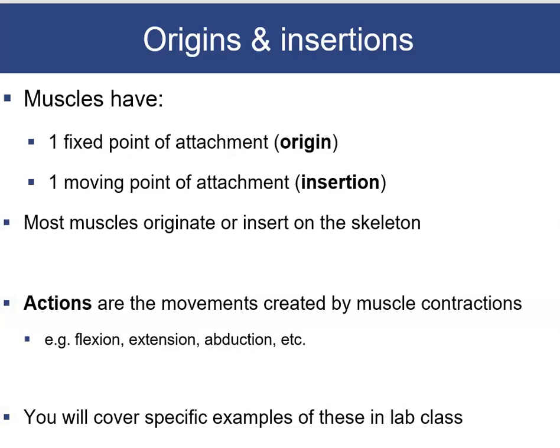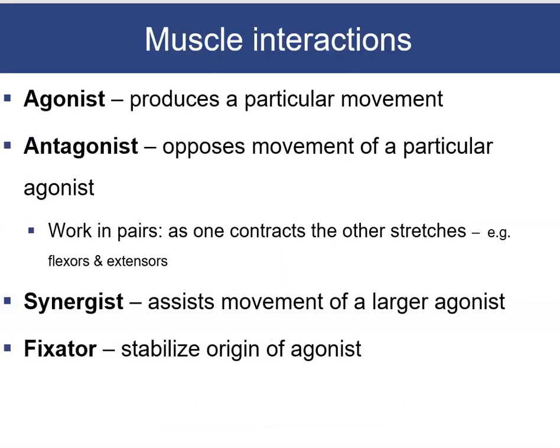It is not going to move. So when a muscle contracts, the insertion will be pulled toward the origin. Now, you are going to cover specific examples of all of these in lab, and we will just go over and highlight a few of the muscles and their actions here in this lecture.